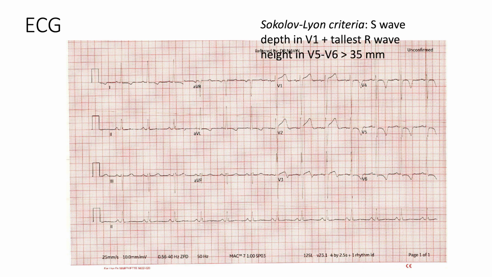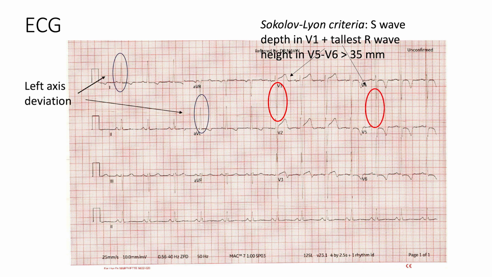Someone asked about the ST. Classically you can see the strain pattern in left ventricular hypertrophy, where you can see the ST depressions in the lateral leads, right? So that's the deep S wave there and the tall R waves in V5. And also some left axis deviation there, right? Later we'll have another ECG on LVH during the session on ECGs and chest X-rays.